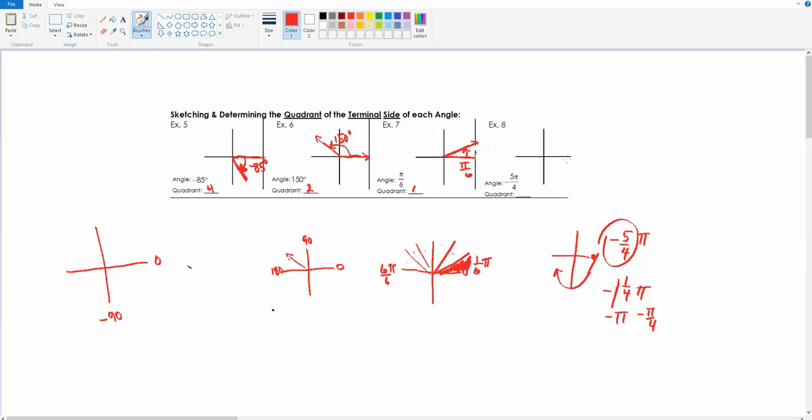Another way of thinking about it is this is 0 and this is negative pi. So this would be negative 4 over 4. So this is 1, 2, 3, 4 sections. So this is 1/4, 2/4, 3/4, 4/4, and negative 5 pi over 4. All right, so this entire angle over here is negative 5 pi over 4.